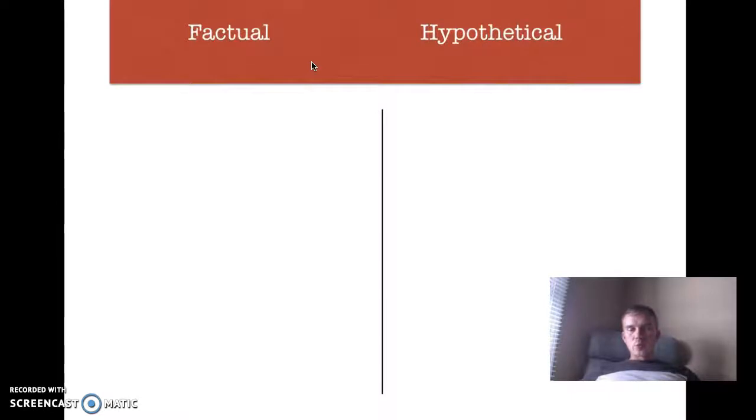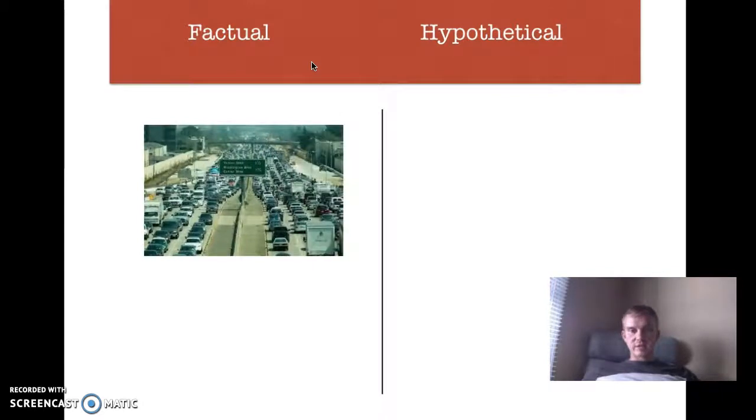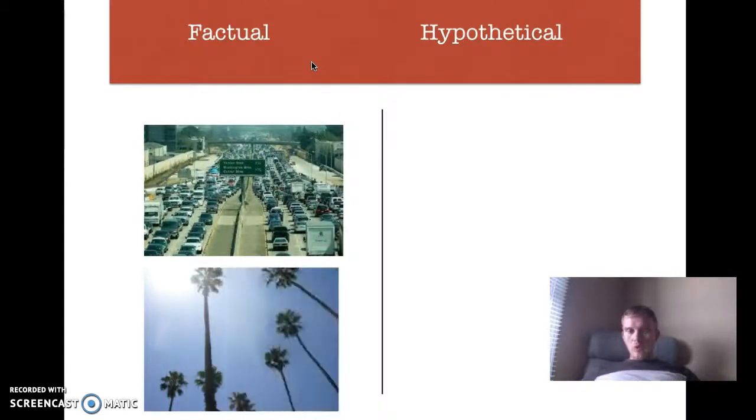So one of the main decisions that we have to make when we're dealing with conditionals is what we're talking about. Factual, like for example, traffic on the 405, or it's sunny in California. These are factual things, they happen all the time, highly likely.